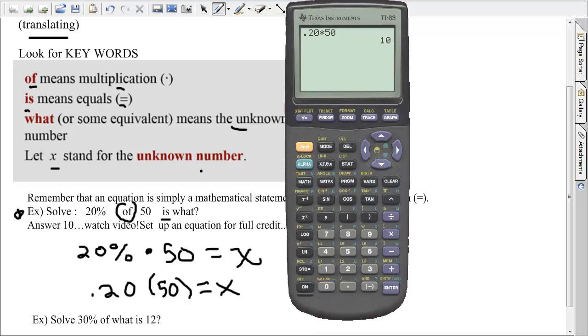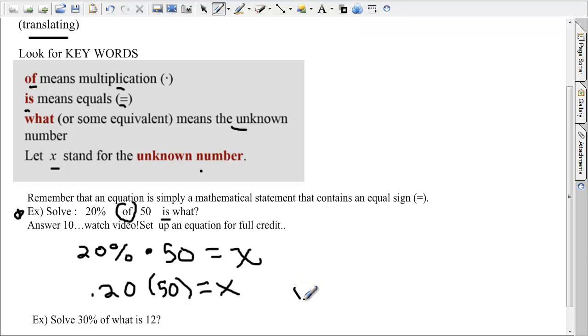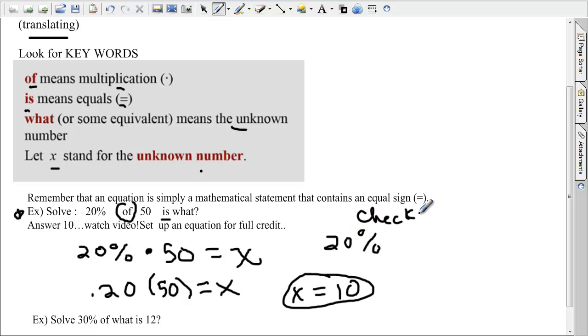We get 10. Then I always like to think about, does it make sense? If you think about money, 20% of 50 dollars, let's say you're at a restaurant, you have a $50 bill, and you want 20% of that, and you say that's a $10 tip.